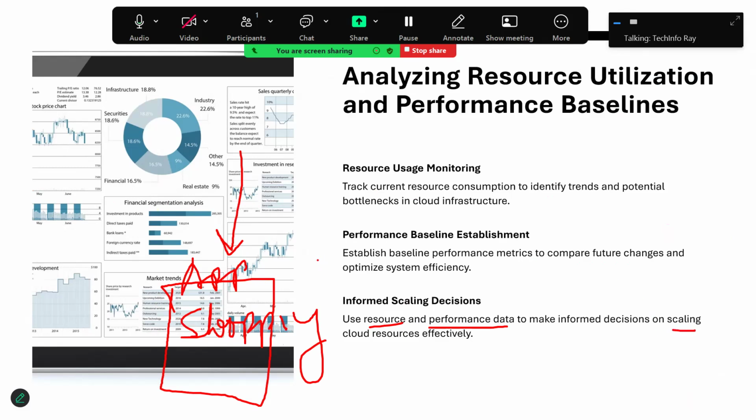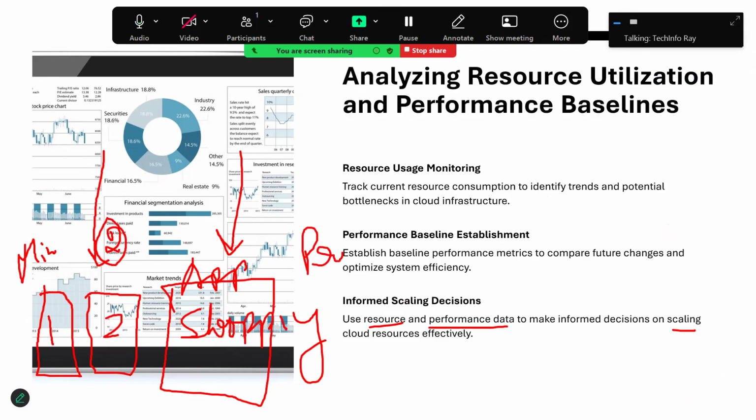For example, during night time or when there's not much load, two servers are sufficient to handle the entire application load. This is just an example, right? In the scaling part, you can say the minimum capacity I want to keep is two servers. But in case some festival is coming, or new products are being launched on the application, you have to handle all this traffic that is coming.